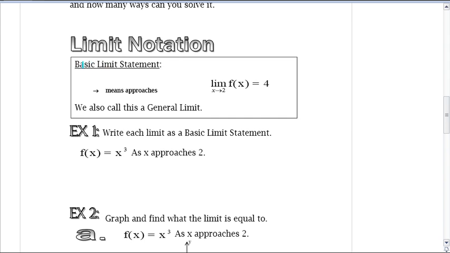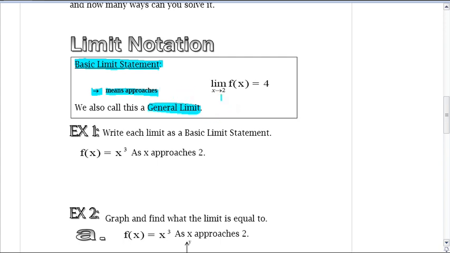Basic limit statement. A lot of the part of mathematics that gives people issues is the notation. Not a big deal. Just know that this little arrow means approaches. So this is called a basic limit statement. I like to call it a general limit. So that's the verbiage that I use.